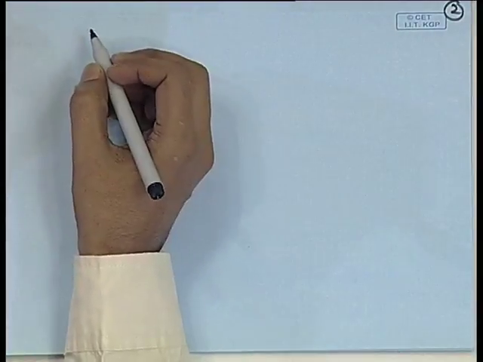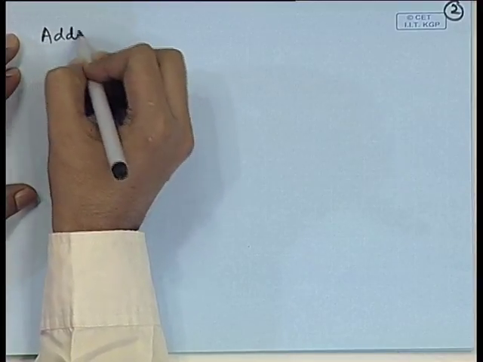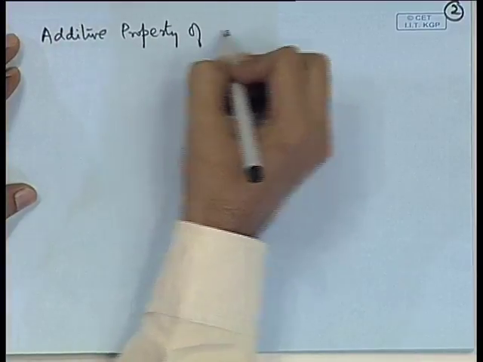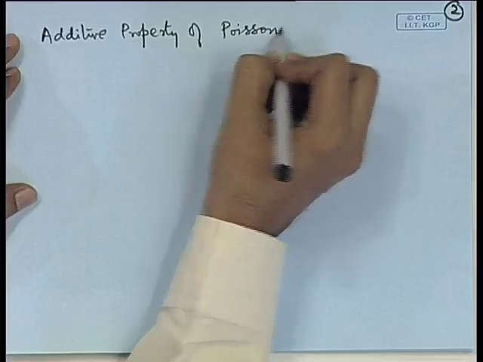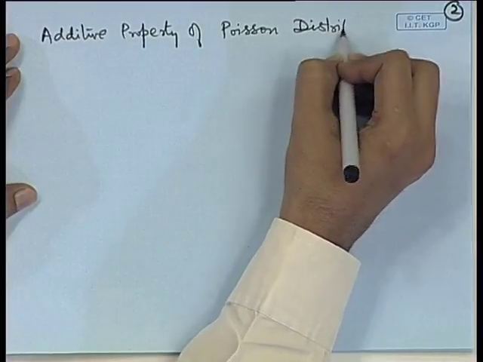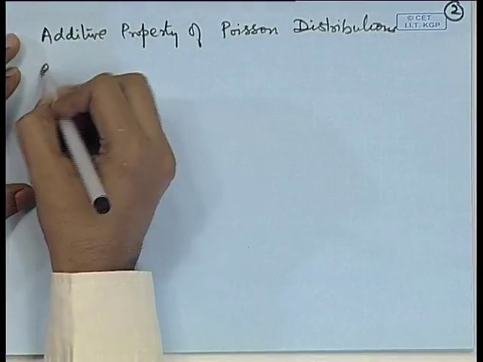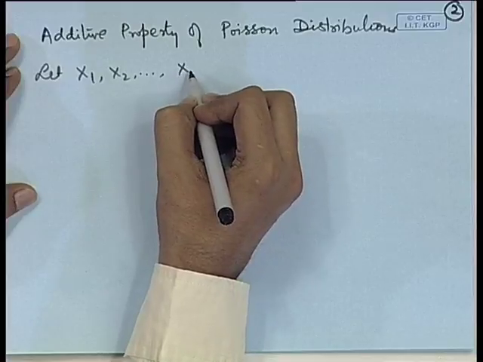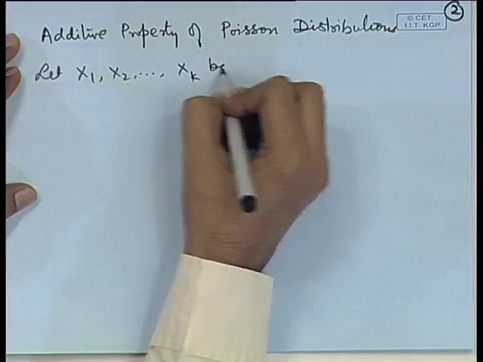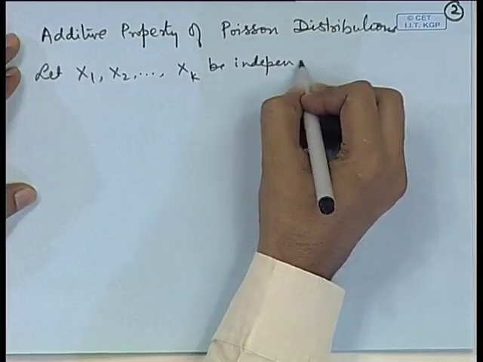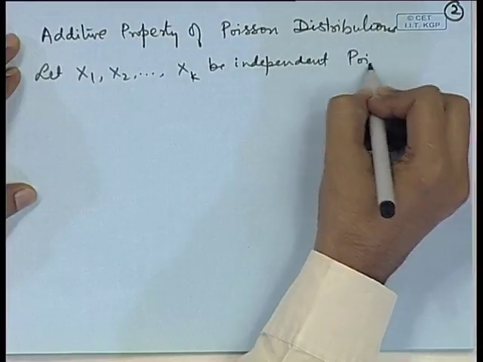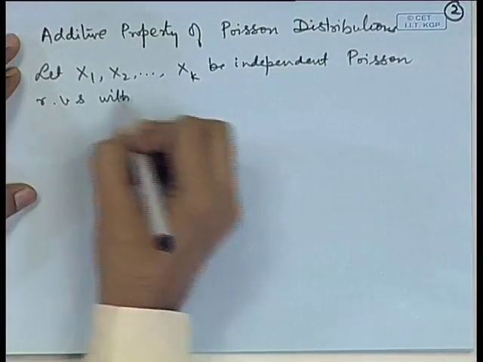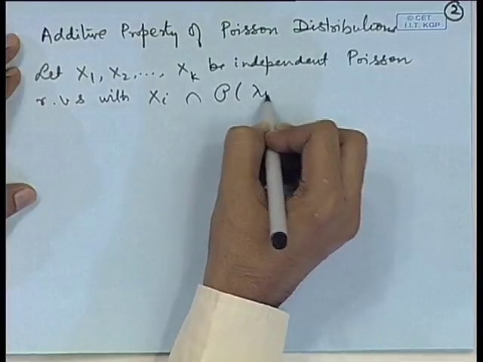Let us prove a similar property for Poisson distributions, that is, the additive property of Poisson distributions. Let X1, X2, ..., Xk be independent Poisson random variables with Xi having a Poisson(lambda i) distribution.